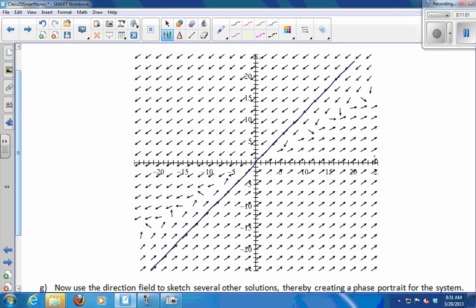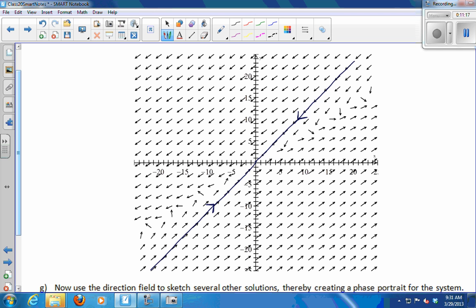So this is one of my straight line solutions. You can see that the vectors are all tangent to that line, and the solution heads towards the origin.